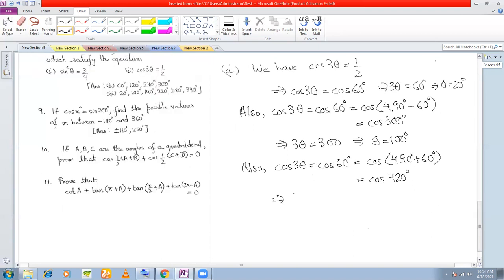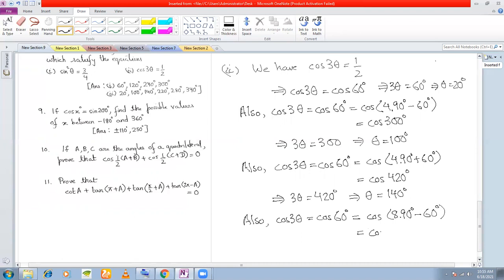That means 3 theta is equal to 420, that means theta is equal to 140. Also, cos 3 theta. Now in the second rotation, we want to get a solution in which quadrant? Fourth quadrant. That means 8 into 90 minus 60. That means cos 720 minus 60 is 660.